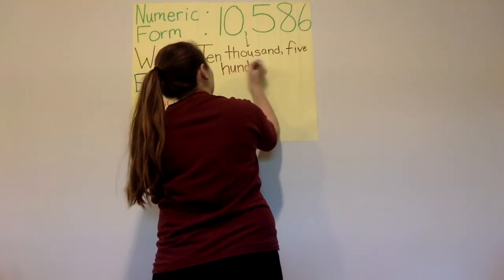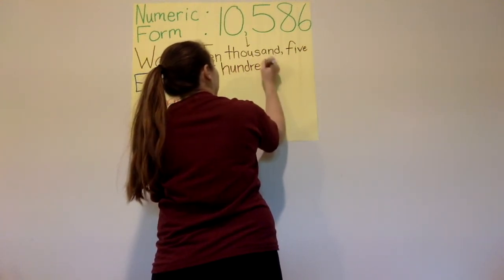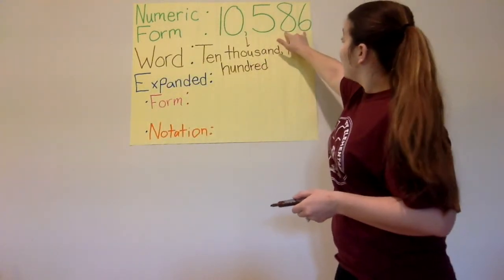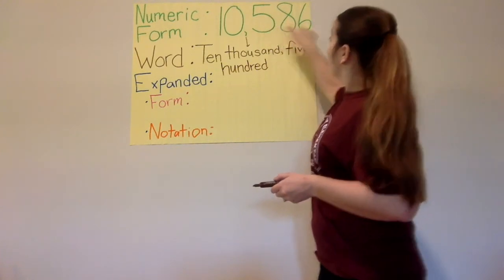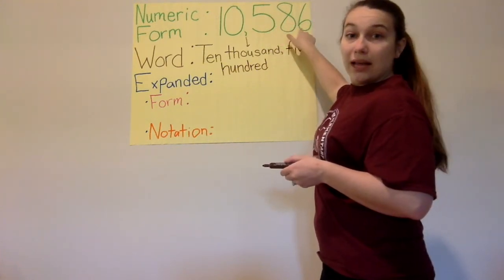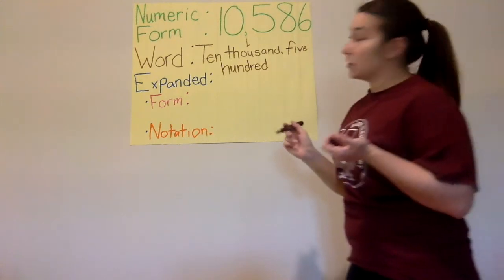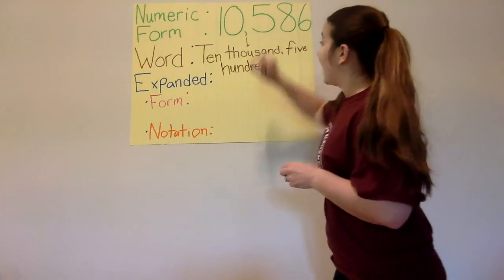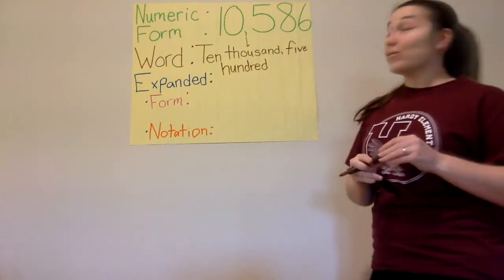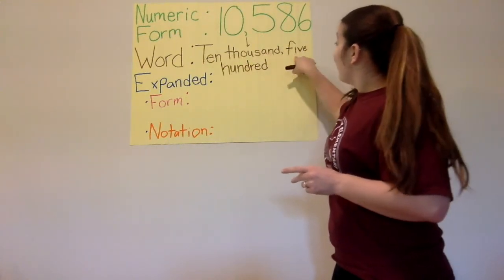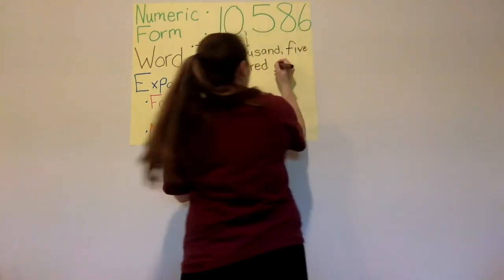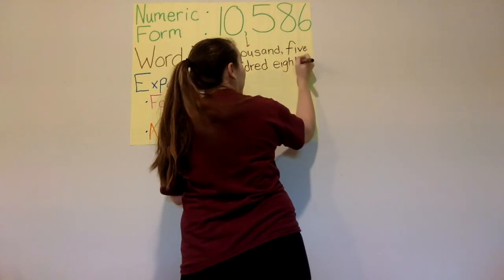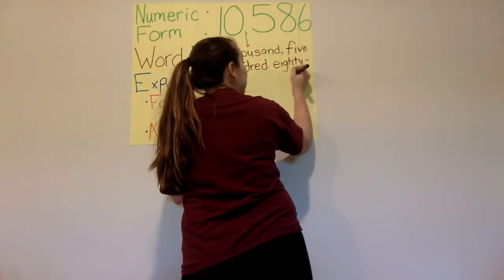All right, what's this number right here? 86. So I say this number 10,586. That's exactly what I'm just writing down. 10,586.